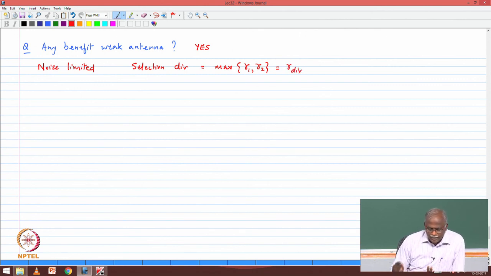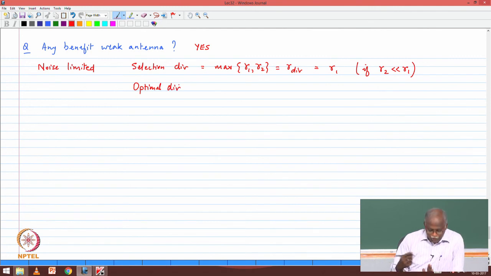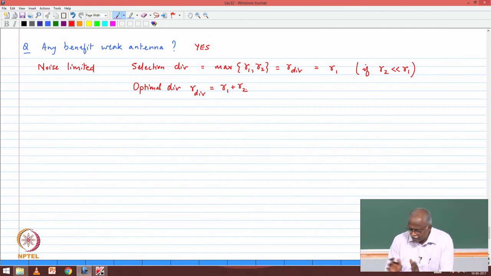Now, the problem is this will always be equal to gamma 1 if gamma 2 is much less than gamma 1, because that is the weak antenna scenario. On the other hand, with optimal diversity, we will show that the signal that comes out is gamma 1 plus gamma 2. That is one of the results of optimal diversity combining.